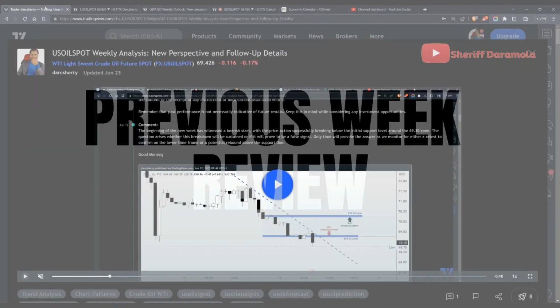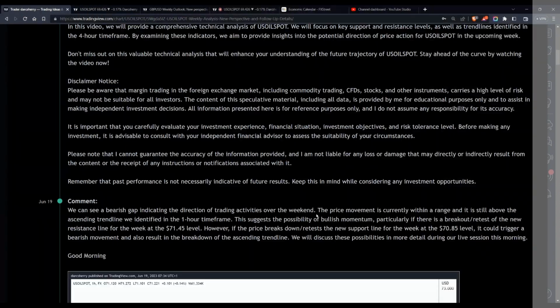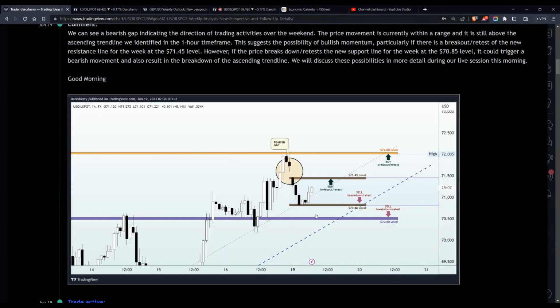And talking about last week's trading session, we saw how the week started here with a choppy situation where price action was initially ranging between the $71.45 level and the $70.85 area to give us a simple flat channel to work with. And you know how we do it whenever we have this kind of simple setup.